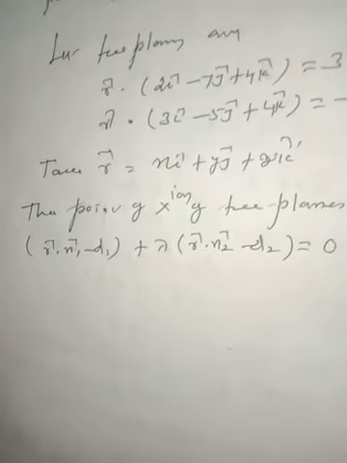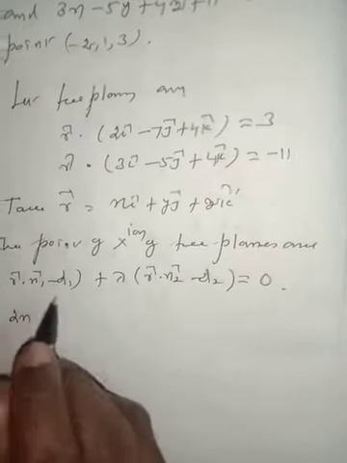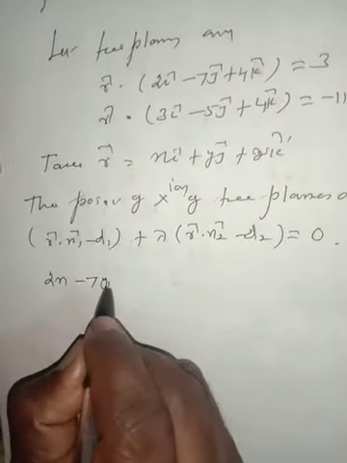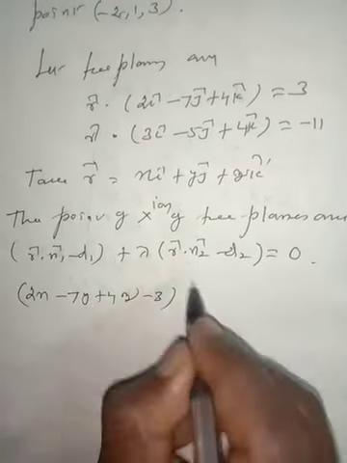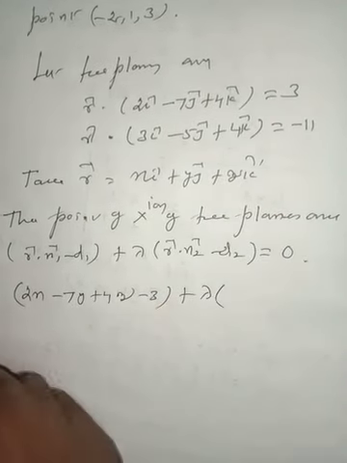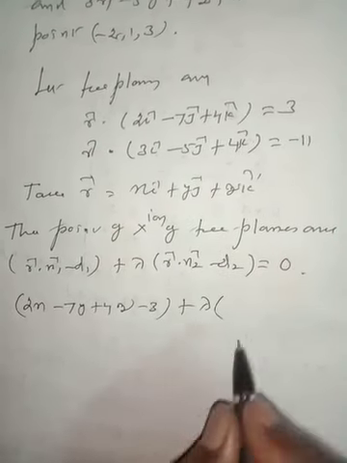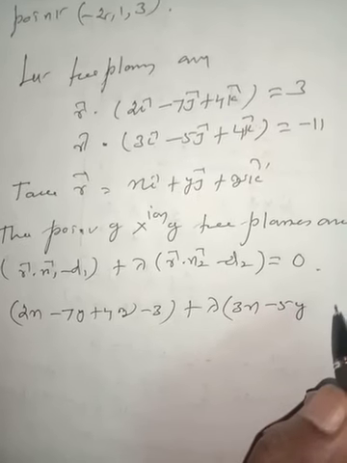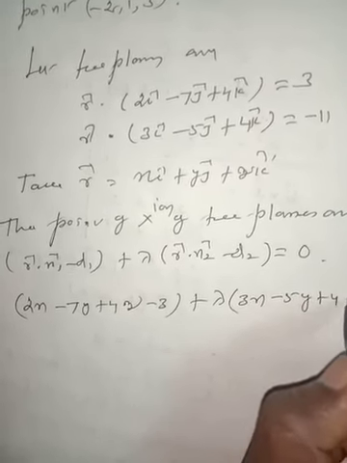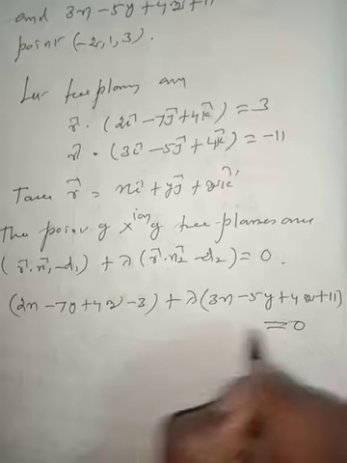Now this means 2x minus 7y plus 4z minus 3 plus lambda into 3x minus 5y plus 4z plus 11 is equal to 0.